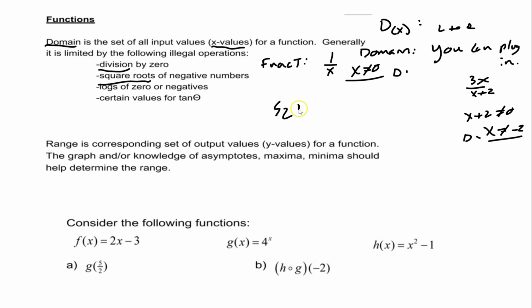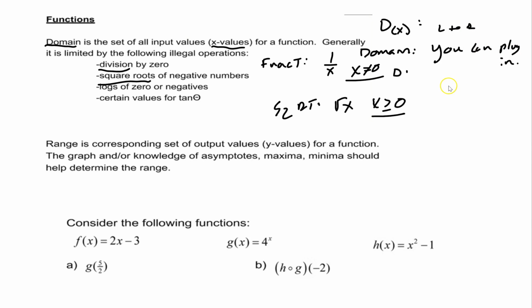If it's a square root, then you can't have a negative. You can't take the square root of a negative number. So your domain is x has to be greater than or equal to 0. That's the basic domain of it. Let's do a quick example. If I said, what's the domain of f of x equals radical x minus 5 plus 1?